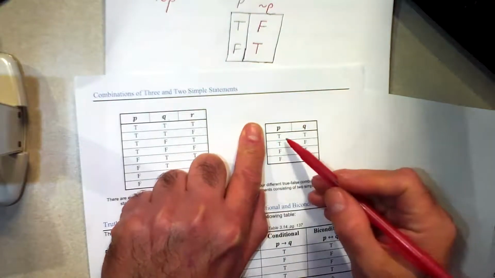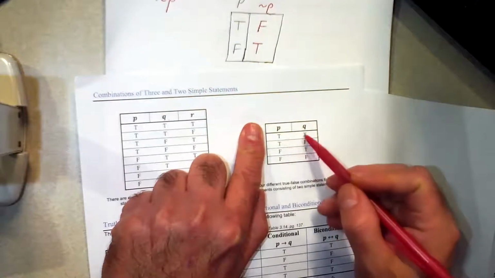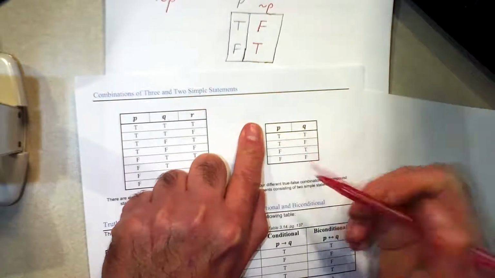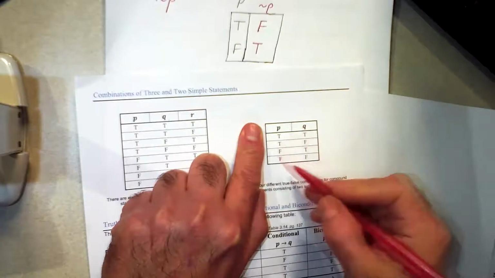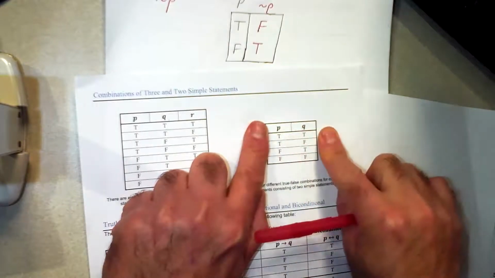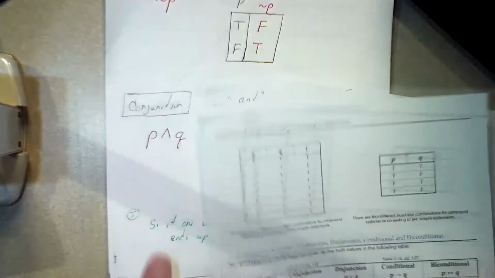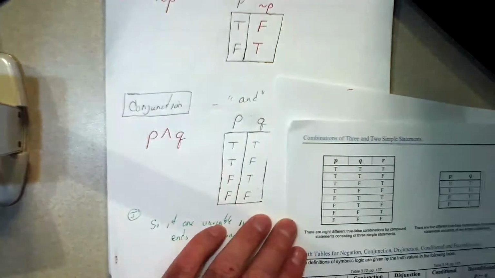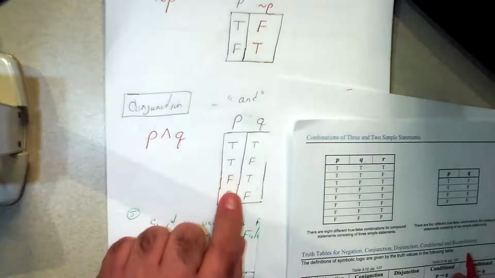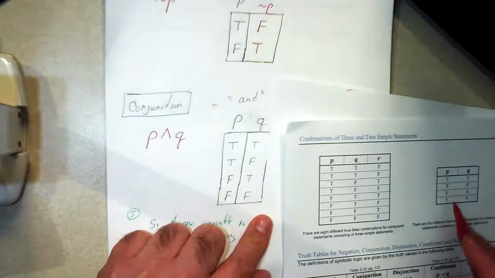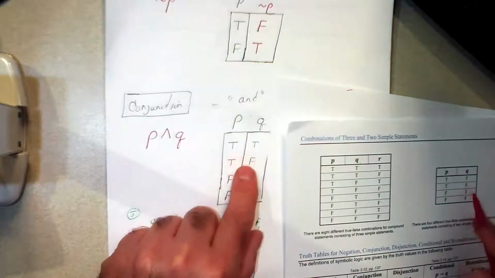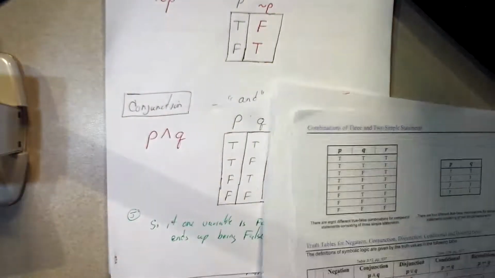And there they are, look: T, T, F, F, T, F, T, F. So all you have to do is copy those two columns and put them on your paper. There they are. TT, FF, TF, TF. Right, so that's where you start. That's what you do first.